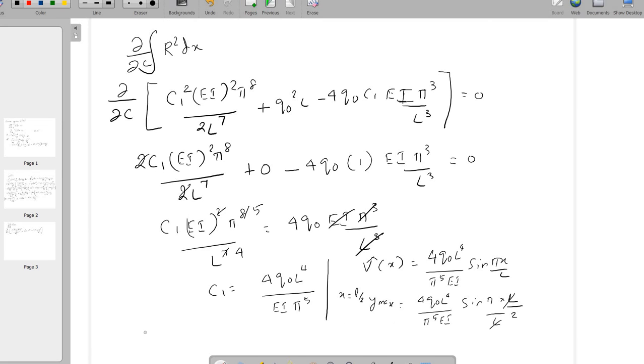So finally you get y max is equal to 4 q naught L power 4 by pi power 5 EI.